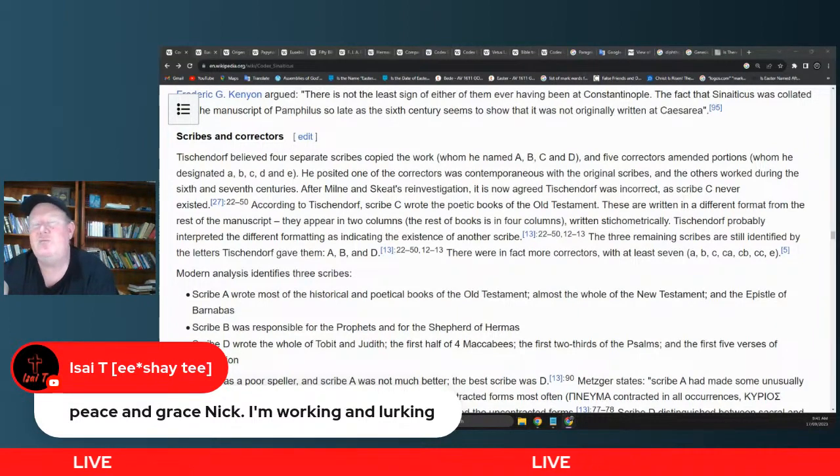If we want to prove that this is a forgery, we have to be at least on the same level of scholarship as these critics, the text critics. And so we have to know the contents of the Shepherd of Hermas to prove that that is a key indicator that it is a forgery and things like that.